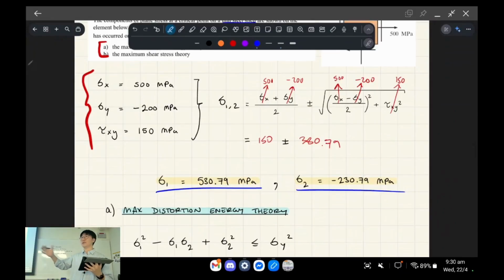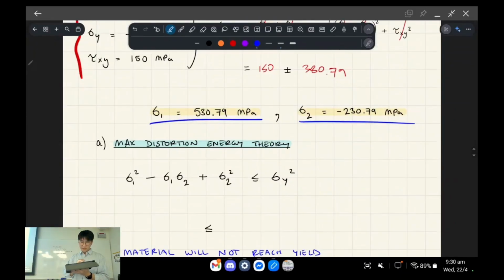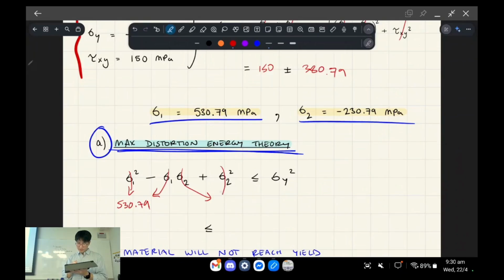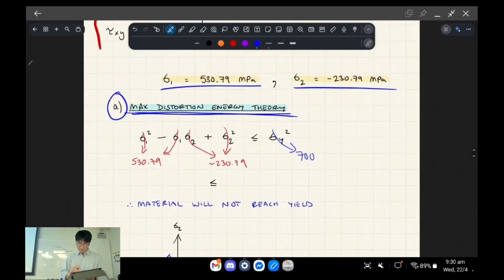First I'm just going to talk about max distortion energy theory. You literally plug in these numbers as you see them. Now this time you don't have to think about which quadrant they're in when you're using this formula. So these two will use this one, these two will use this number, and your yield strength, which was given as 700 MPa, will be on the right-hand side.